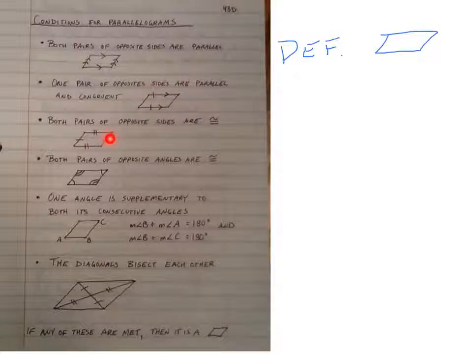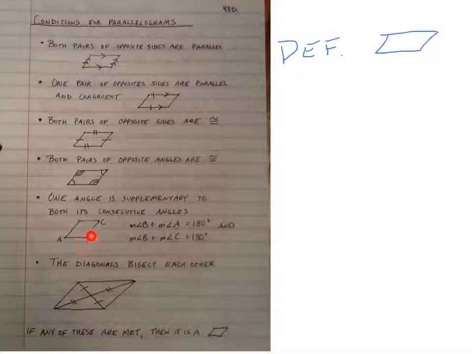Another condition is if both pairs of opposite sides are congruent, then you have a parallelogram. The fourth condition says if both pairs of opposite angles are congruent, then you have a parallelogram. Our fifth condition states that if one angle, we'll say angle B, is supplementary to the two consecutive angles, then you have a parallelogram.